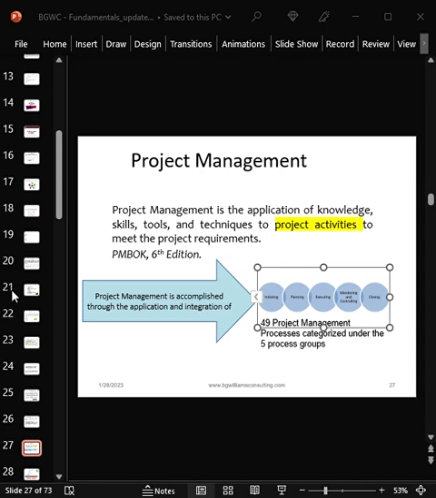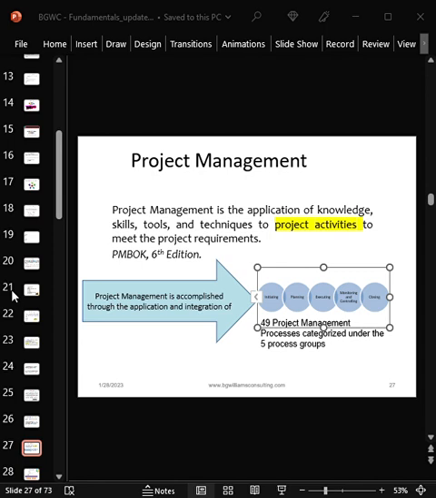Remember, it is the project activities that actually define the completion of the work. If I ask you now, what do I need to do to set up a medical laboratory? All those series of things that I need to do step by step are referred to as the project activities.